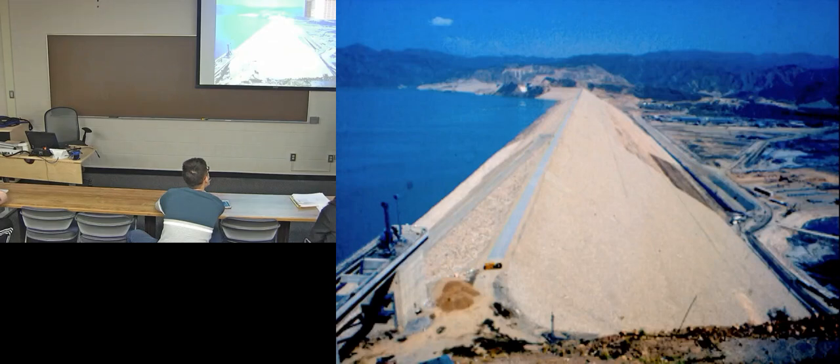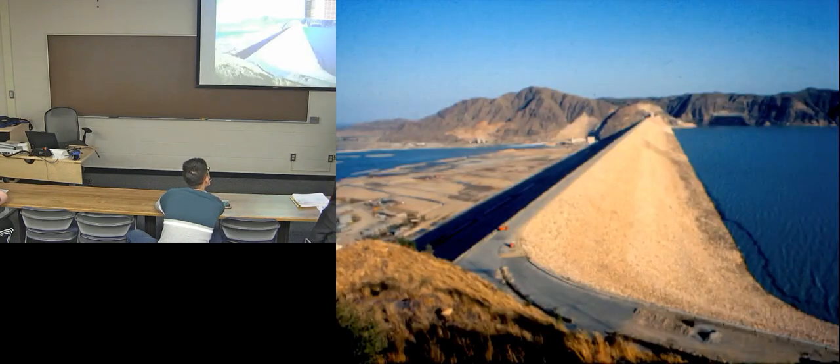Here is the dam itself, looking from the right bank to the left bank, and we can turn it around and look from the left bank to the right bank. It looks about the same either way, but it is just a big pile of rocks. Well, it's got some silt and gravel in there too, but no clay.